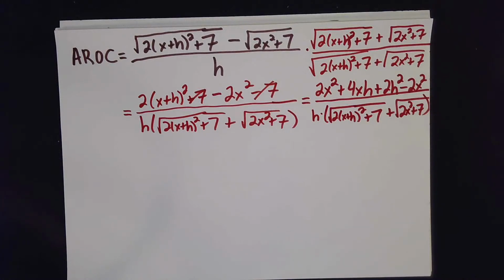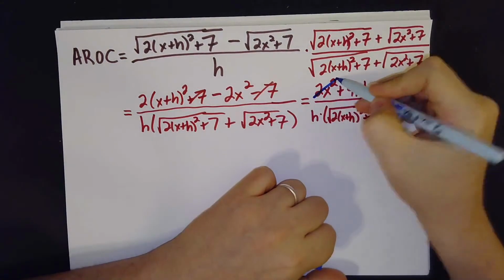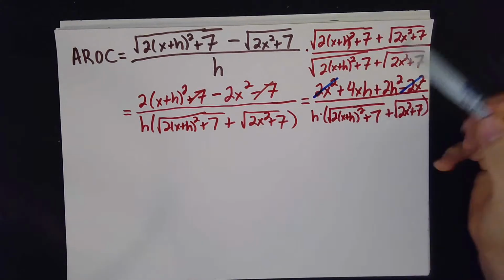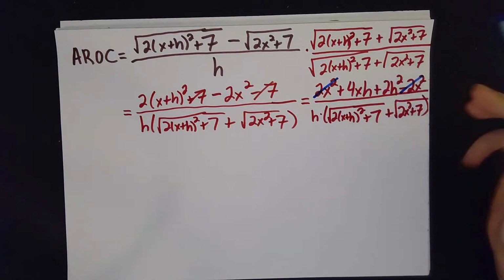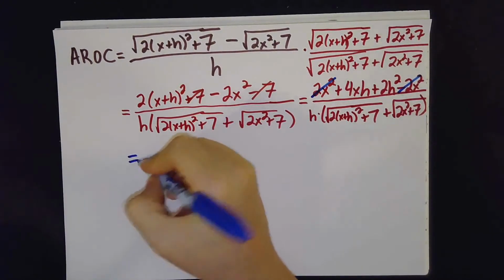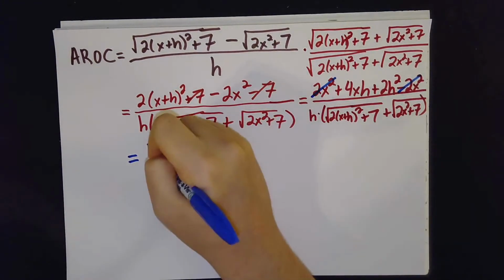Okay, so now the plus 2x squared and the minus 2x squared cancel. And now I'm left with a numerator that I can factor an h out of, which remember is my ultimate goal in all of these limit definition of the derivative questions.